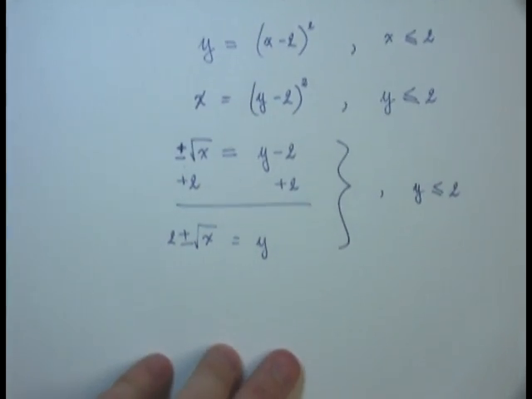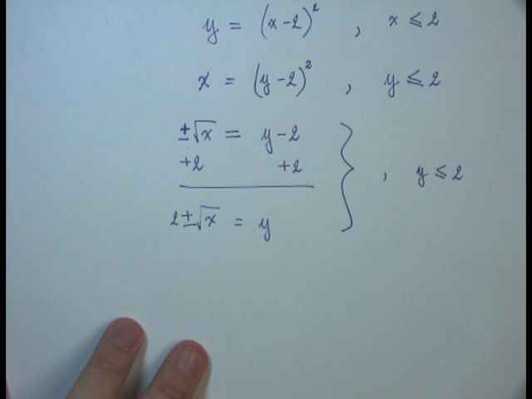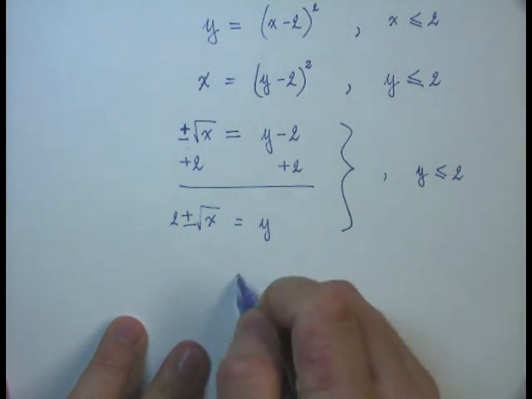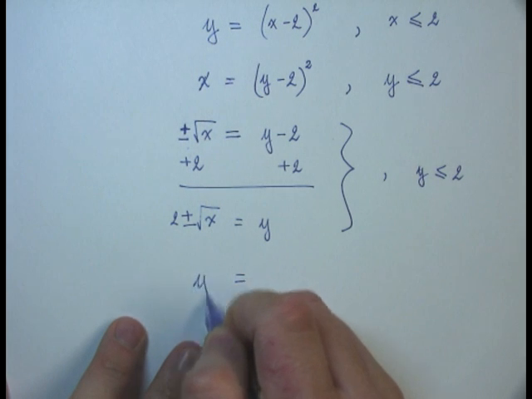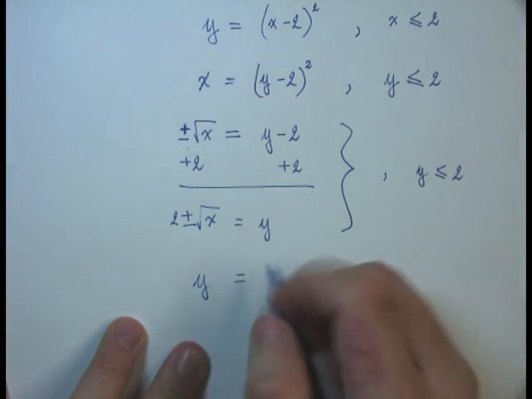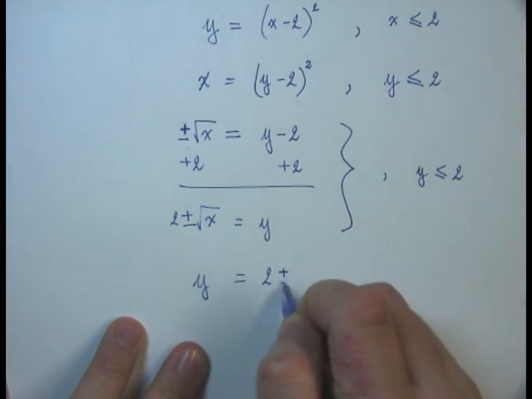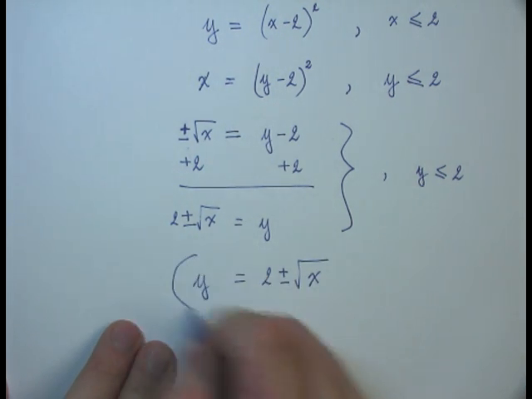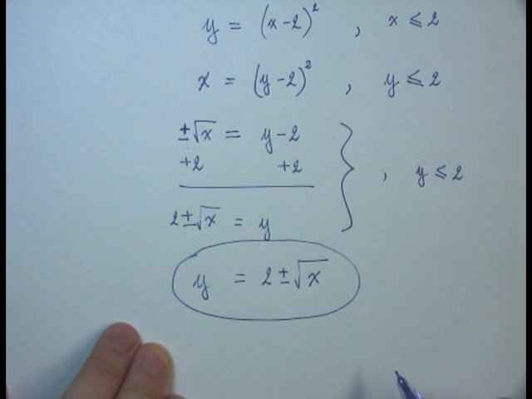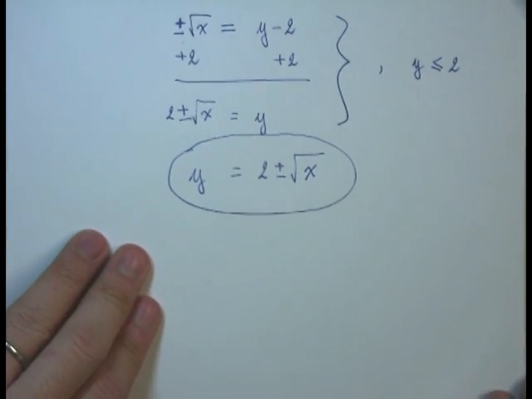This equation can be rearranged as one variable y equals 2 plus or minus the square root of x. This final equation that I am circling means two things.